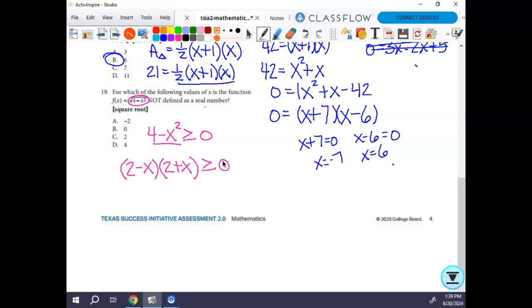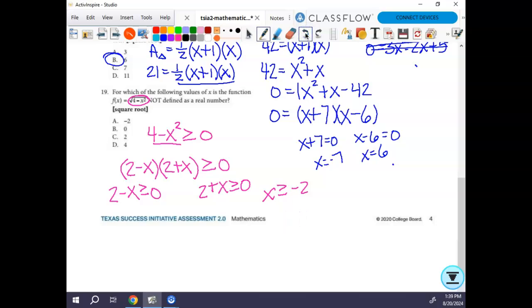Everybody with me on that? So then 2 minus x has to be greater than or equal to 0, and 2 plus x has to be greater than or equal to 0. So that means x has to be greater than or equal to negative 2, and x has to be greater than, no, let me do that.